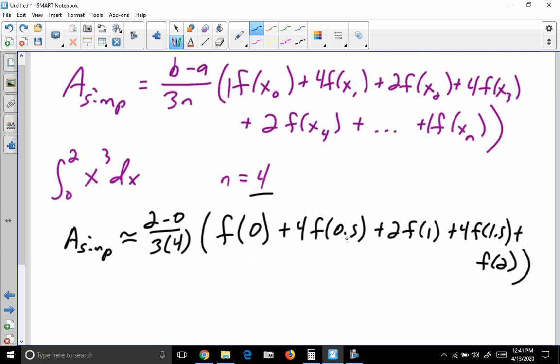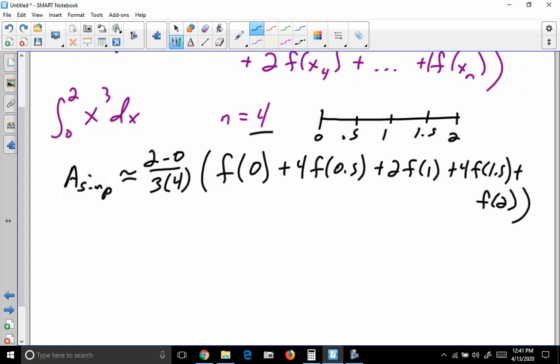These are the same x's that we used when we were doing the trapezoidal rule. That's because we were doing 0 to 2 still, and we're still doing 4 subintervals. So our delta x was still 0.5, so we go over 0.5, go over another 0.5, and those are the x values that break up our subintervals.